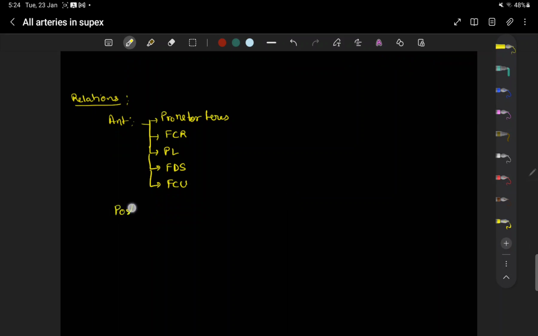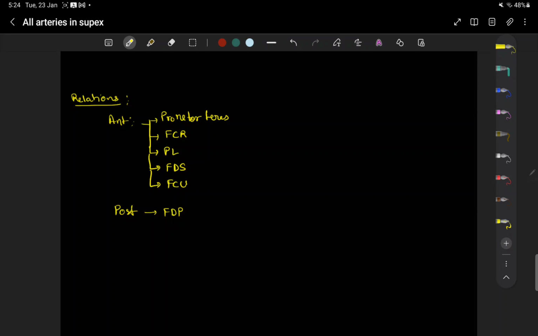And posteriorly only the deep muscles are present. Of the deep muscles we have 2, that is the flexor digitorum profundus and flexor pollicis longus. So flexor pollicis longus goes towards the thumb. And we have the ulnar nerve medially. So definitely flexor digitorum profundus will be present posteriorly.